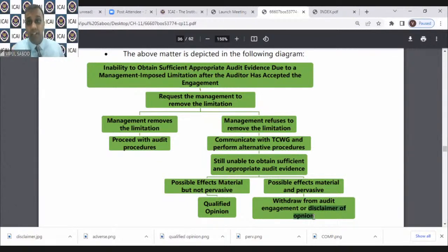I hope it is clear. And please, here is another tip. These charts should be handy, right? When you are writing the answers in the examination hall, they cannot substantiate your main answer. You have to write your answer. Suppose you get a situation like this as a question or as a case in your audit exam. You cannot just draw this chart and give your answer.